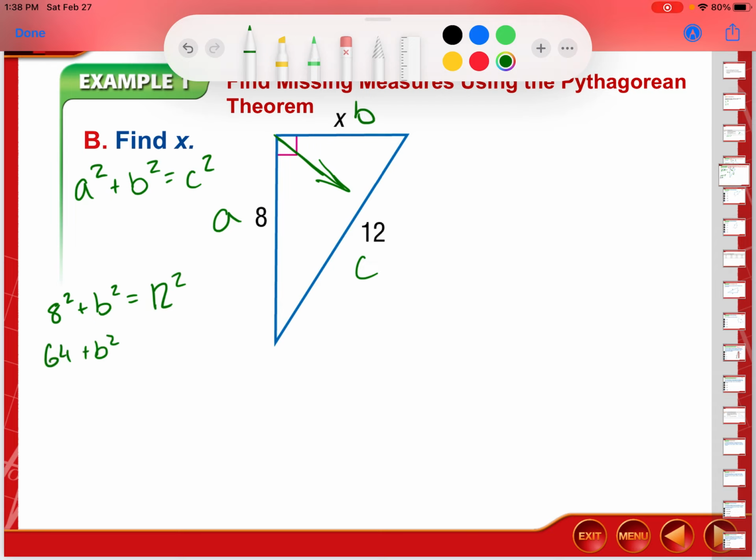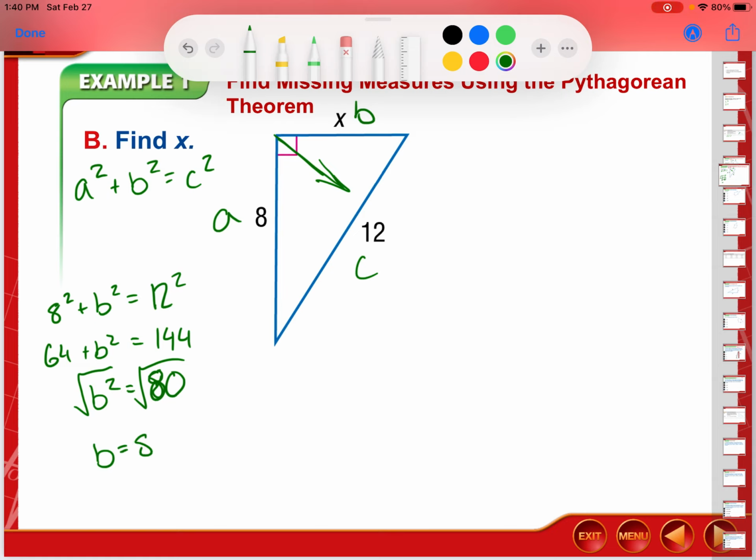Now we do our squaring, so 64 plus b squared equals 144. Now we do a little subtracting, which gives b squared equals 80. When we take the square root of both sides, we're going to get something like 8.9 on the right-hand side, because it's just short of the square root of 81, which would, of course, be 9.